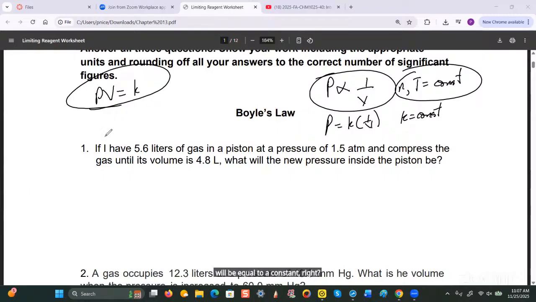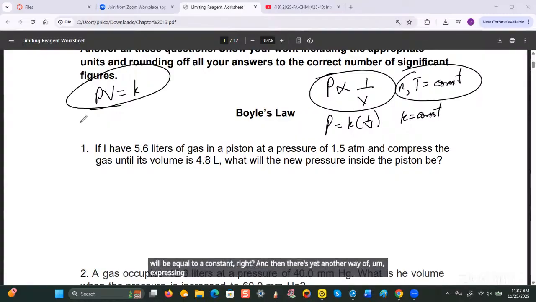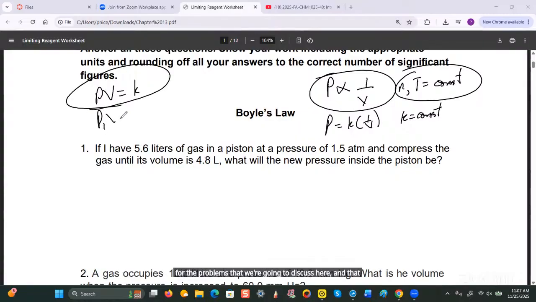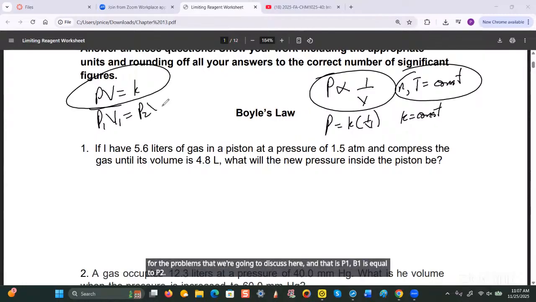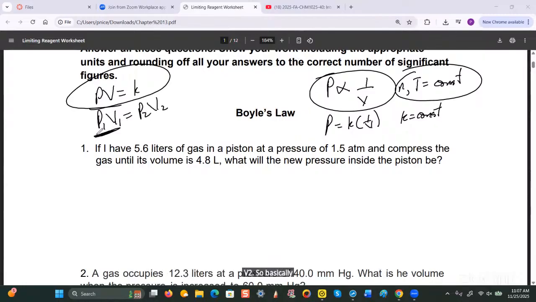And then there's yet another way of expressing Boyle's law, which is useful for the problem that we're going to look at here, and that is P1 V1 is equal to P2 V2. So basically P1 and V1 would be the initial values of pressure and volume, and P2 and V2 would be the final values of the pressure and volume of a gas.